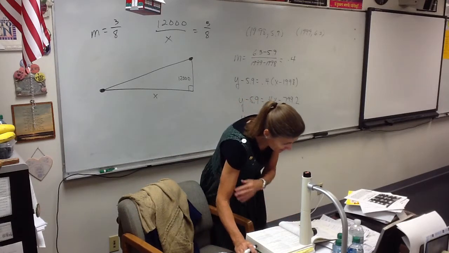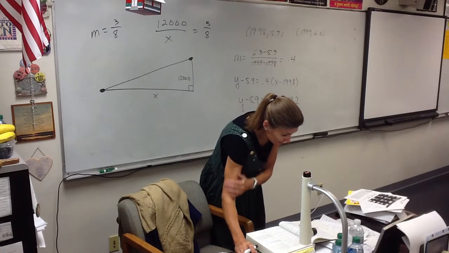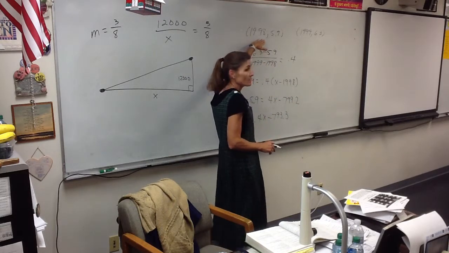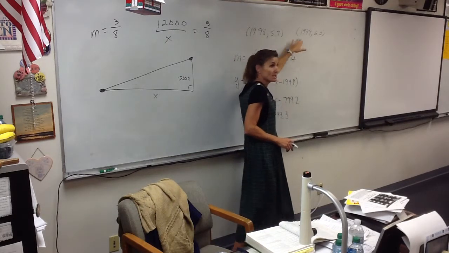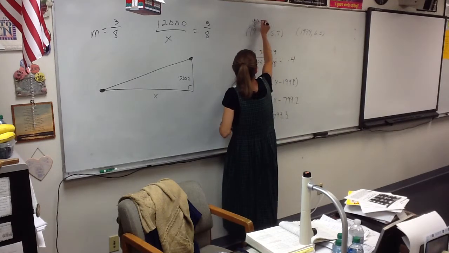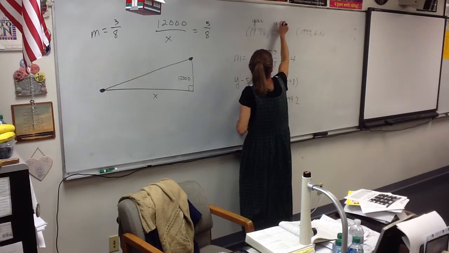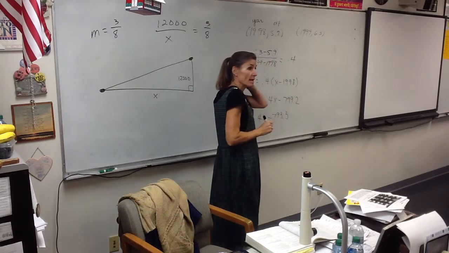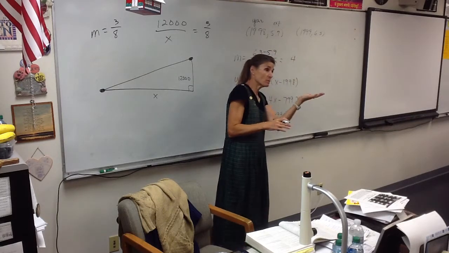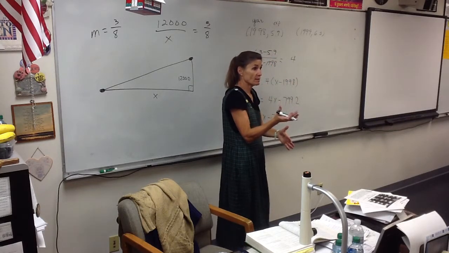Now, part B says, use the equation to estimate the expenditures in 2002. Now remember, the ordered pairs that you started with in the problem, the X part was the year and the Y part was the expenditures.